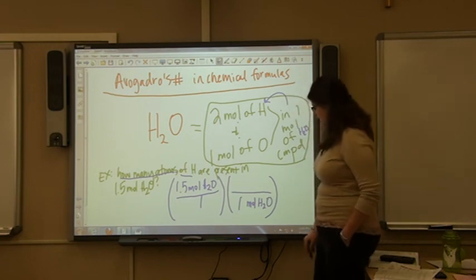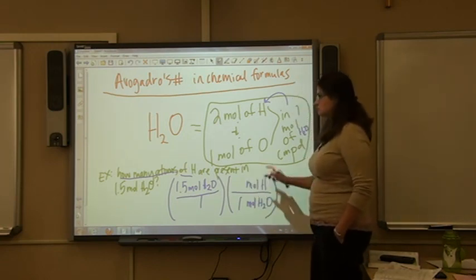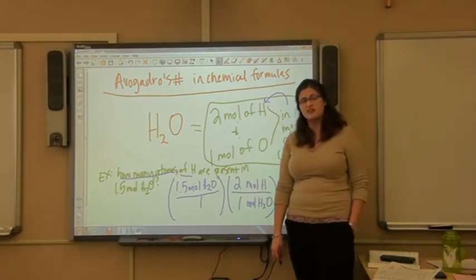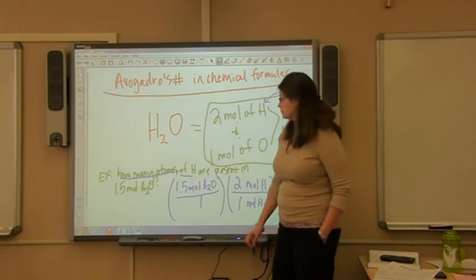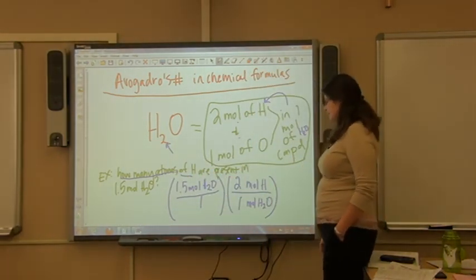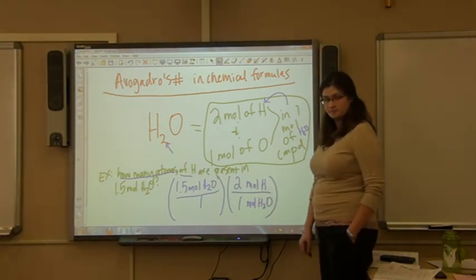So in 1 mole of H2O, there are how many moles of H? 2. How do you figure that out? All you have to do is look at the compound's formula. Now, is this the unit we're looking for? Moles of H.